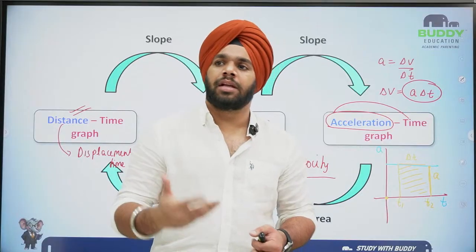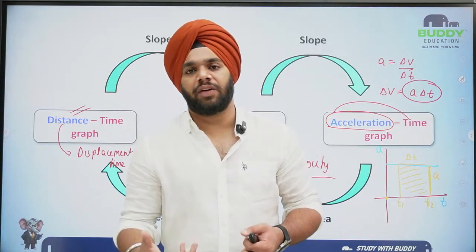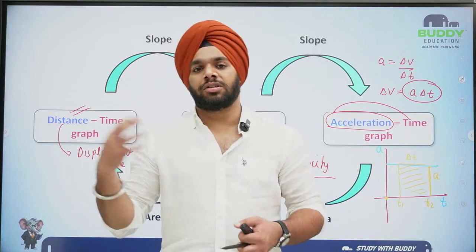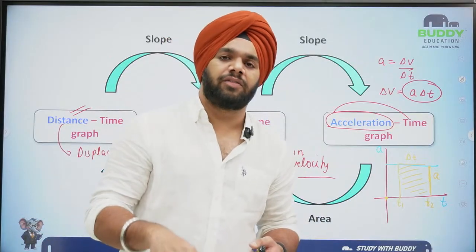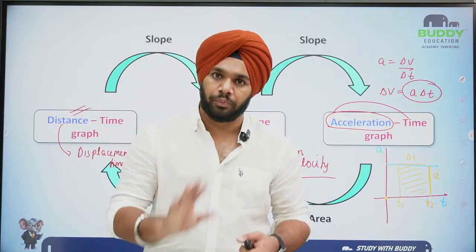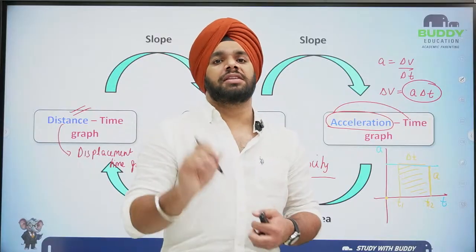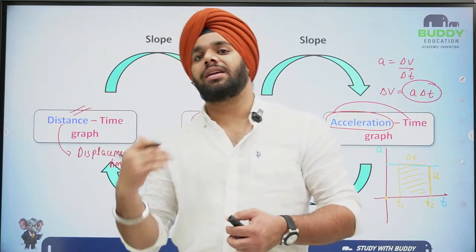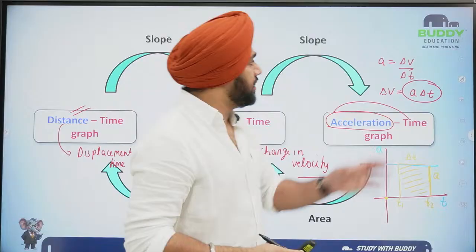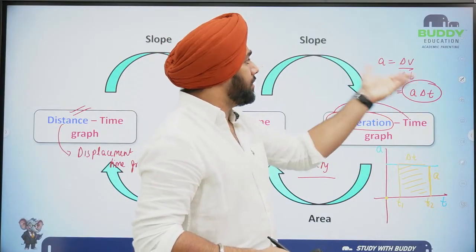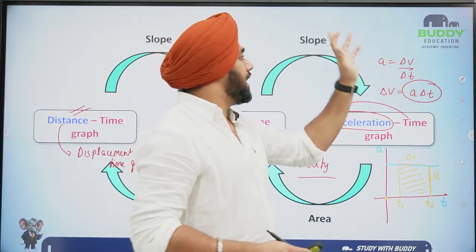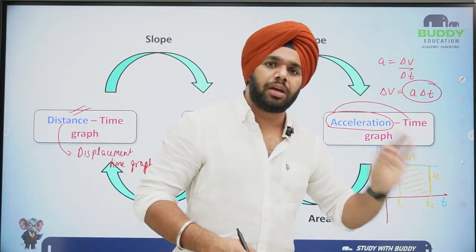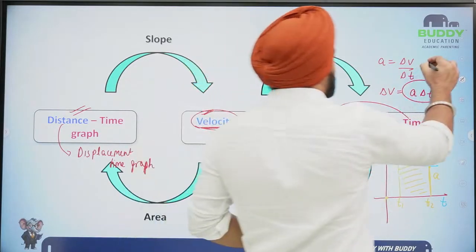It cannot happen that for me acceleration is defined as velocity upon time, and for some other person acceleration is defined as change in velocity upon time. No. If the definition says that acceleration is the rate of change of velocity, that means this is the clear mathematics to write it, right? A is equal to delta V by delta t. You cannot write V by t.